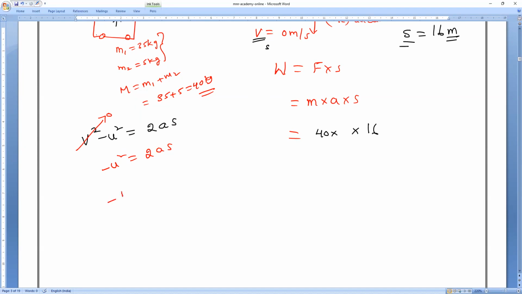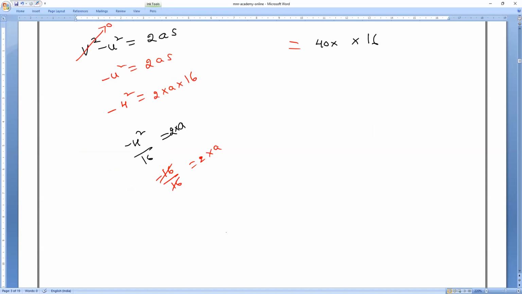Initial velocity is 4 square, equal to 2 into A into distance 16. 4 square means 16, so 16 by 16 get cancelled, equal to 2 into A.